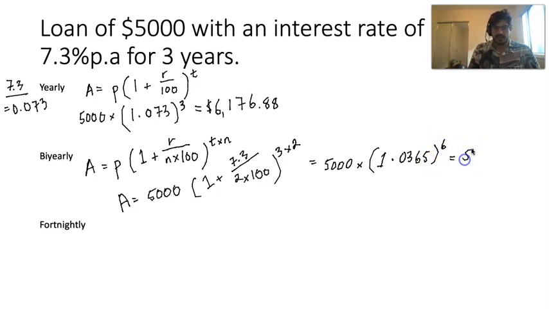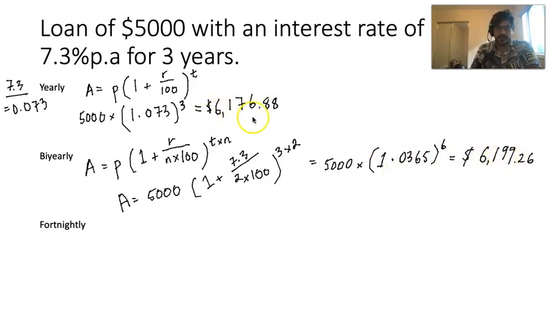So we are going to end up with a total loan amount at the end of this time frame of $6,199.92. So it's interesting, right? We have an increase in the amount of interest that has been added to the account.